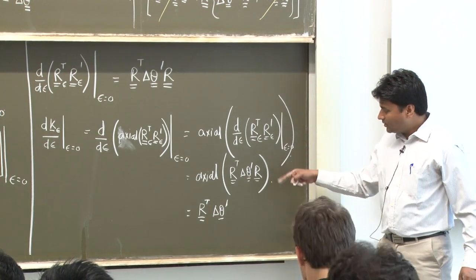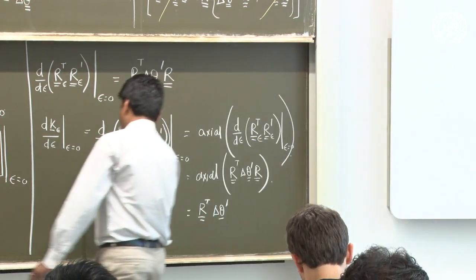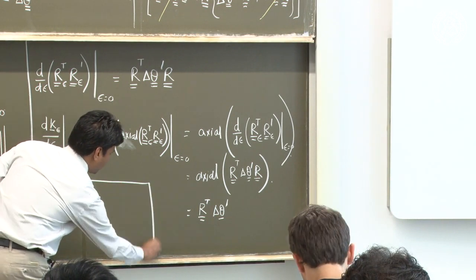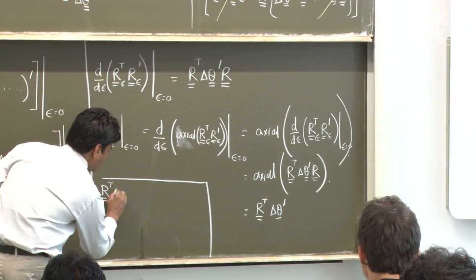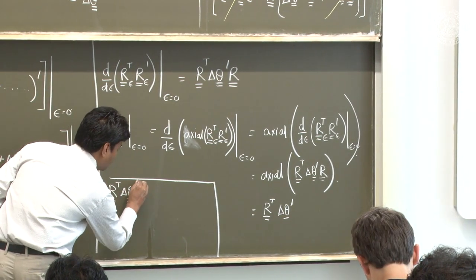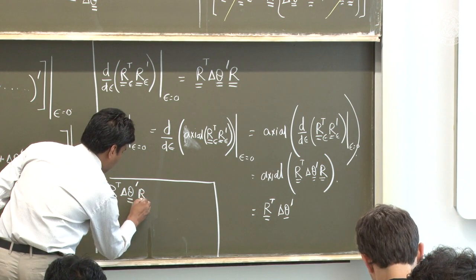Maybe I can show you. So we have r transpose delta theta prime into r.